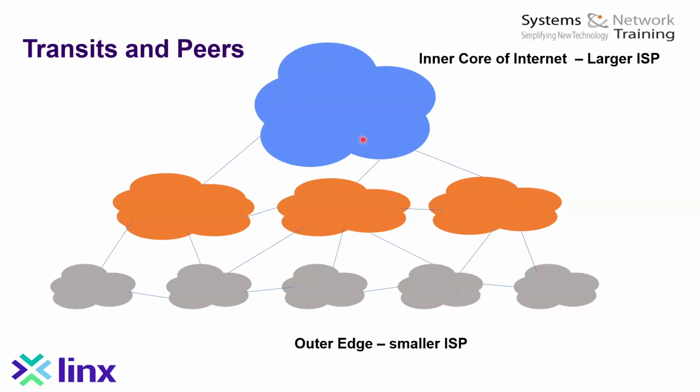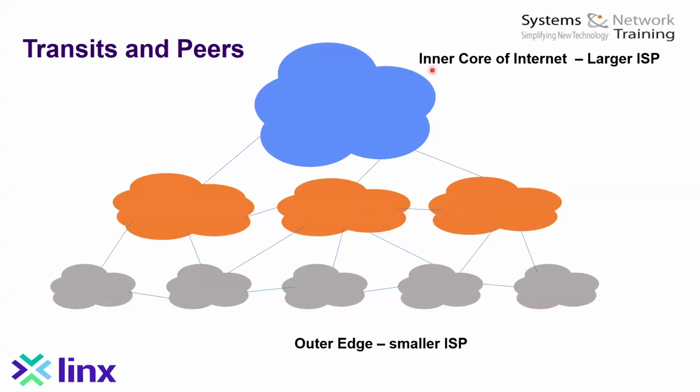So here we can see different providers. There's a big blue one up here. There are smaller orange ones here, and there are even smaller gray ones down here. And in the same way that we were talking about different types of routes earlier, with upstream and downstream, where upstream is towards the core of the internet, and downstream is towards the edge of the internet, where things get connected, we're doing a similar sort of thing here.